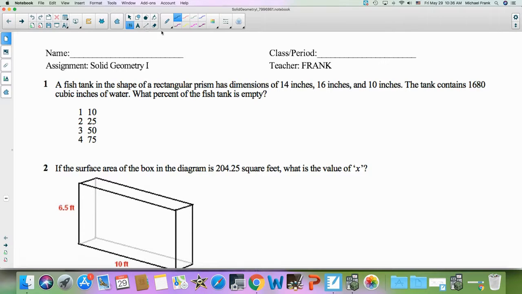Well, we've discussed that the formula for the volume of a rectangular prism is length times width times height. I like to make a little table, as you all know.